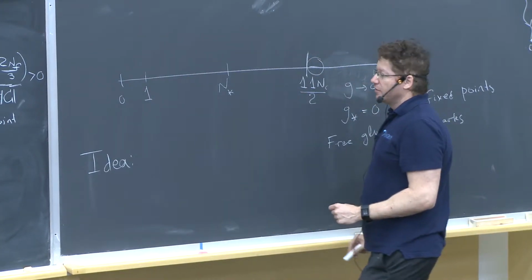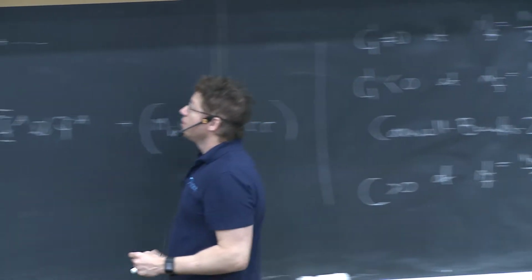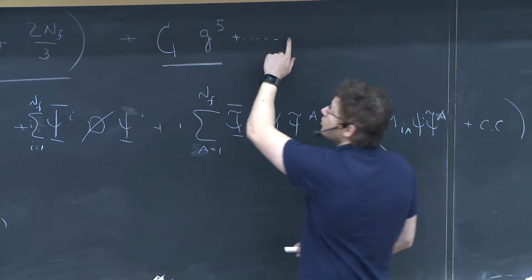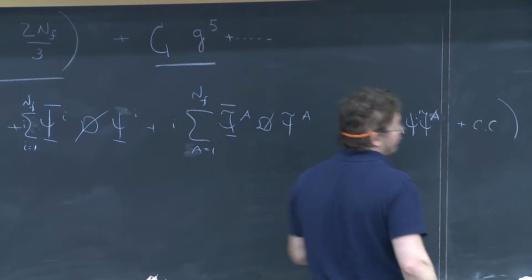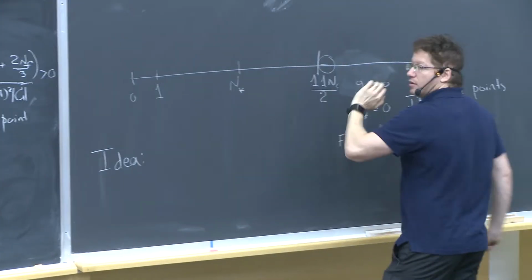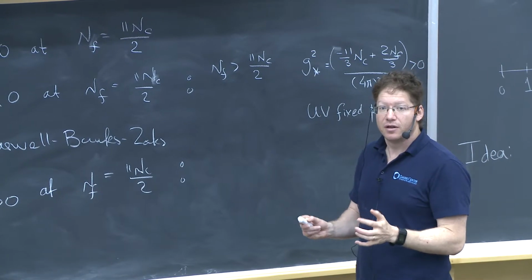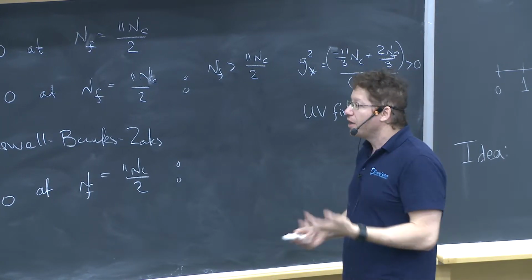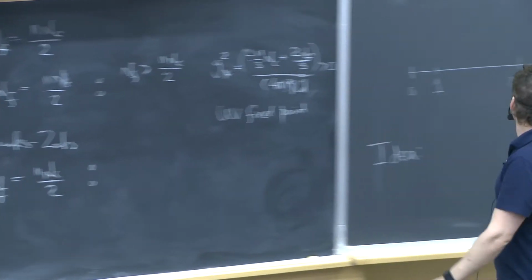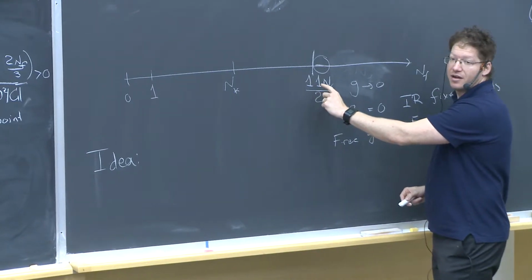The idea is that it is true that this computation seems unreliable. However, you can ignore higher order terms if you are very, very close to the window here. How can you get very close to the window? If you have n_f and n_c, which are some integer numbers, you can't get very close, because let's say n_c is equal to 3, like in nature. So this is like 16.5.